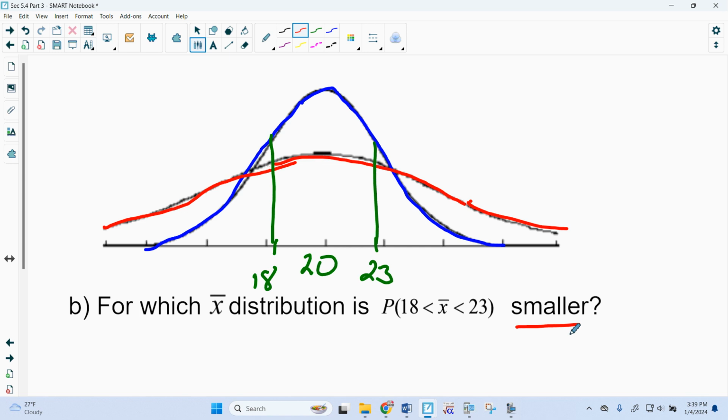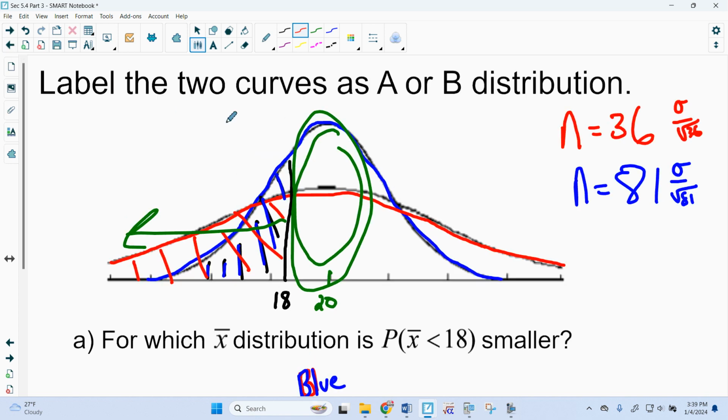And you can see in the middle, blue has more in the middle. So blue's higher, bigger area, more probability. So which one has a smaller? This would be red.